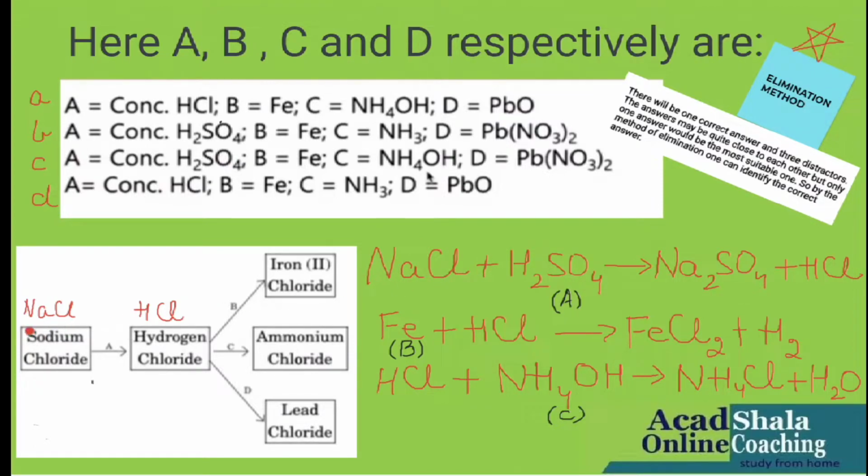I will write NaCl reacts with sulfuric acid forming Na2SO4 along with HCl. You are seeing this HCl here. So that means in the graphic organizer, they have given you the chemical equation in the form of fill-ups only.